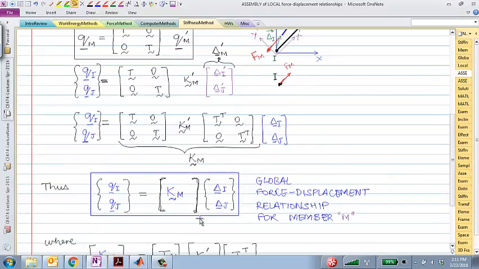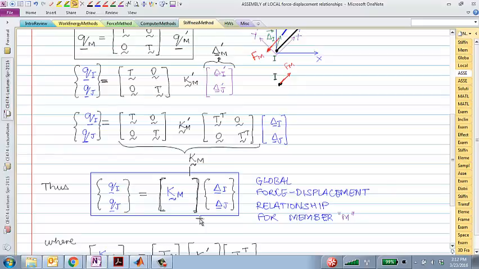Let me ask you a question here. If I have a truss element in the horizontal orientation, and I'm telling you what the A, E, and L values for this truss element are, then using those A, E, and L values, you can express the local force displacement relationships for that element.